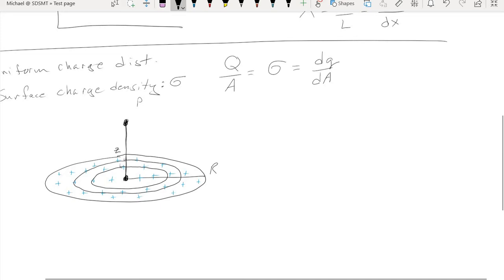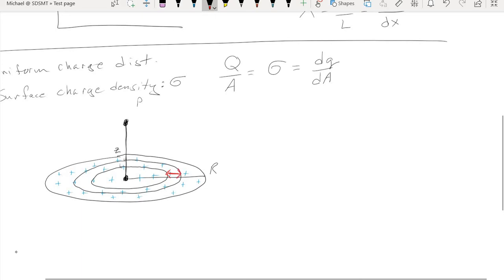So I want to take a sample of that disk, and well, the big difference between this and the ring derivation that we did is that this ring actually has a bit of thickness to it.